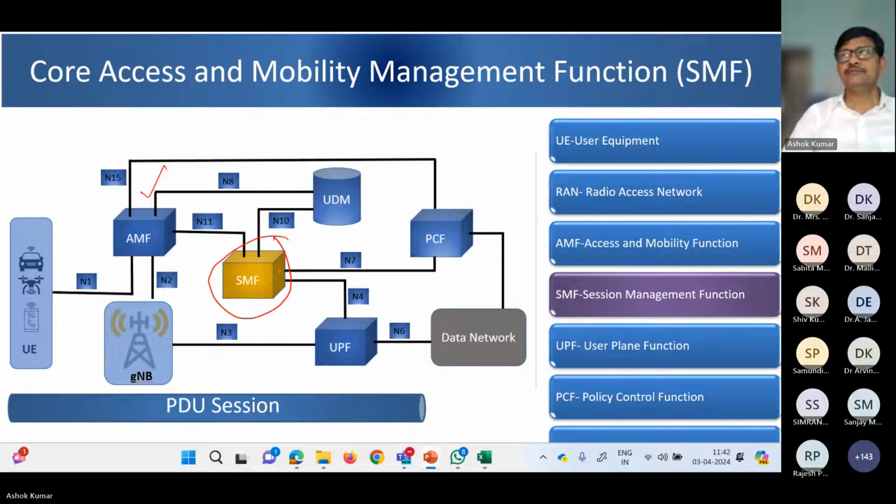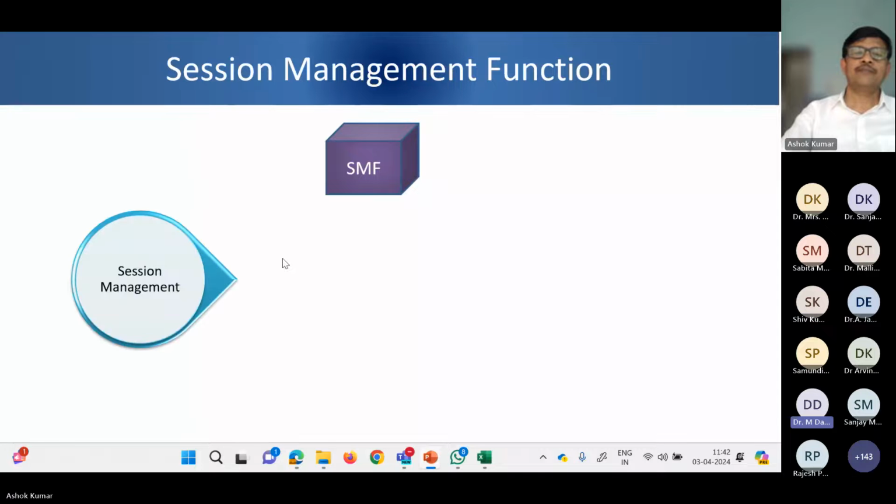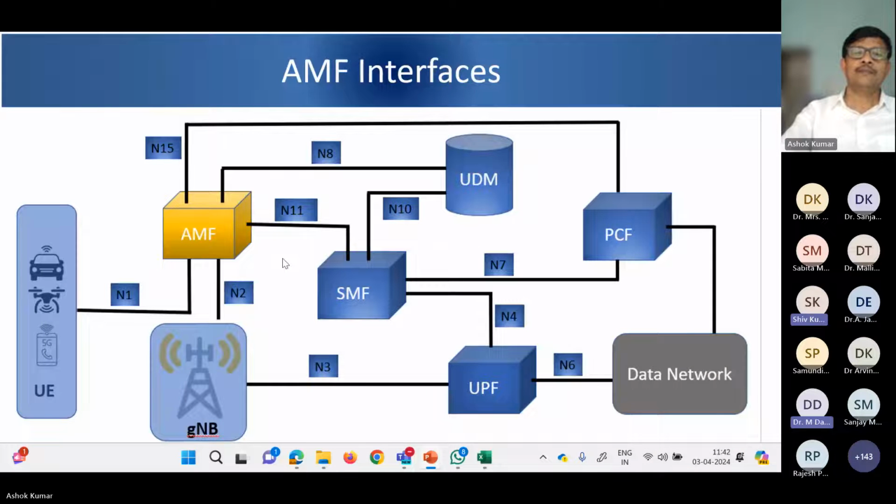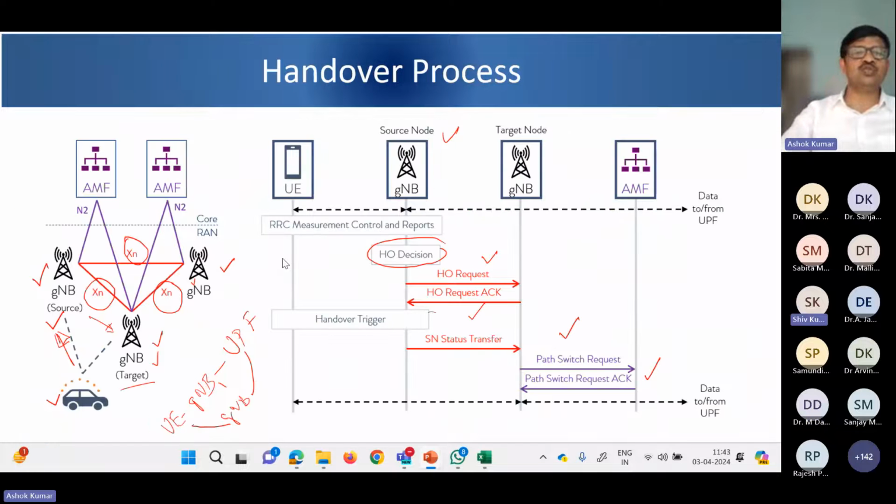Sir, in the previous topic, you said the UE will be knowing the signal strength from one gNodeB to another gNodeB. Yes, the UE keeps monitoring all the signals coming from different gNodeBs, and it will be reporting to the source gNodeB where it is connected.